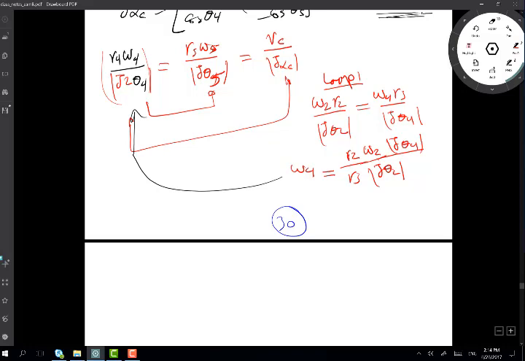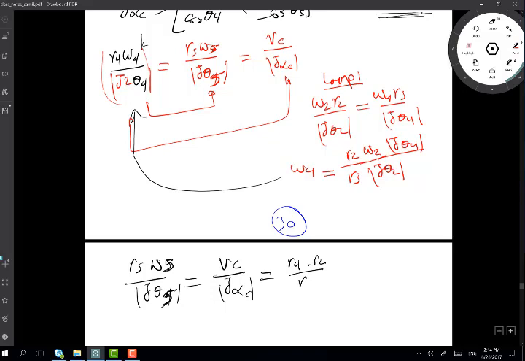So I can say R5 omega 5 over J theta 5 is equal to VC over JXC. That's R5 omega 5 on J theta 5, and that's equal to, replacing omega 4 here by omega 2, R4 times R2 over R3 and omega 2, and then some Jacobians related together.